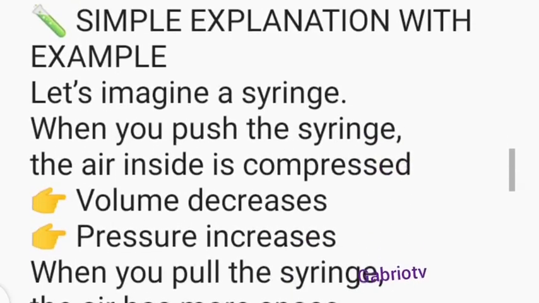Then what about some other simple explanation? Like I said earlier, when you imagine a syringe and you push air into the syringe, it will be very hard to push, because the air needs to be compressed. If the air inside is compressed, it will be somehow hard. So the volume decreases while the pressure increases.